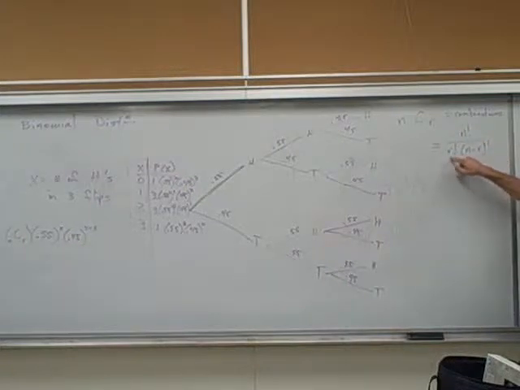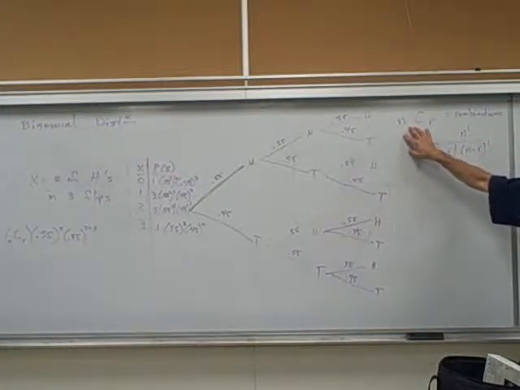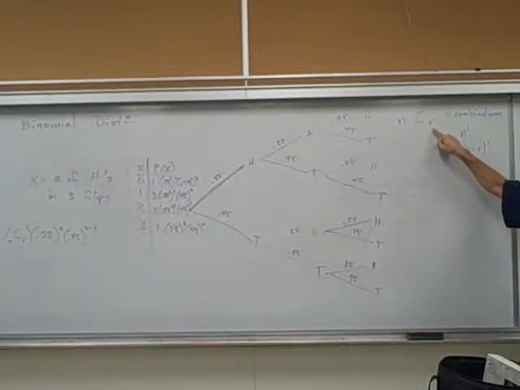So if I want to know how many branches there are with 2 heads and 1 tail, then I've got 3 flips, 2 of them to be heads. So combination of 3 flips, pick 2 of them to be heads, right?